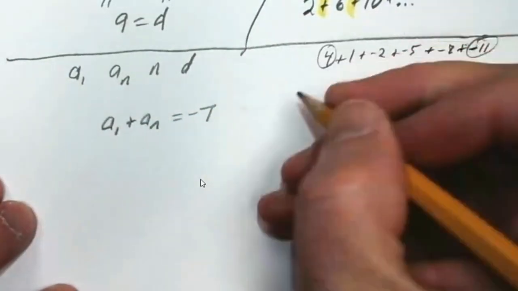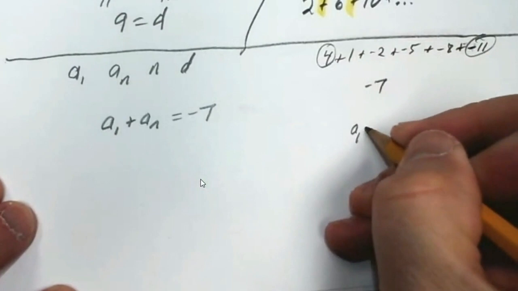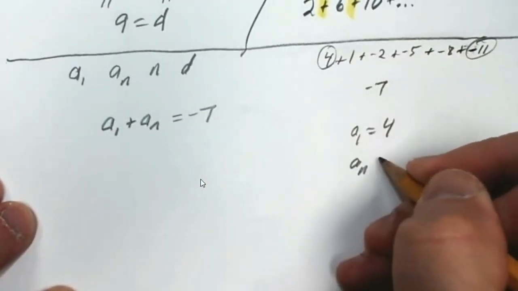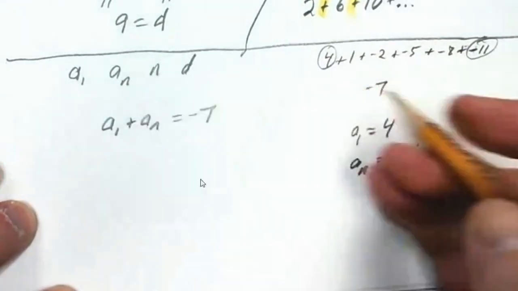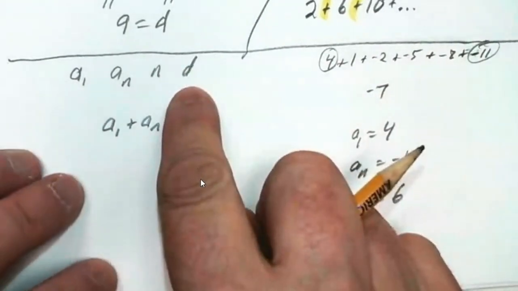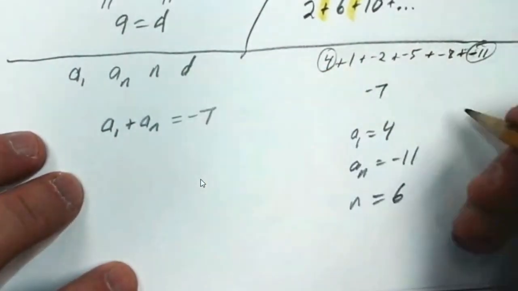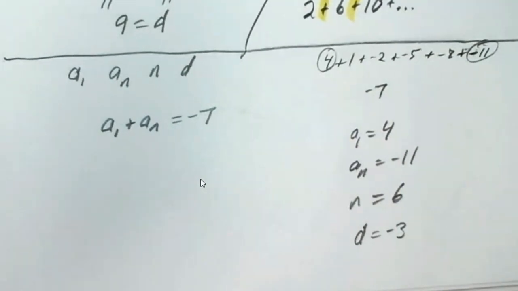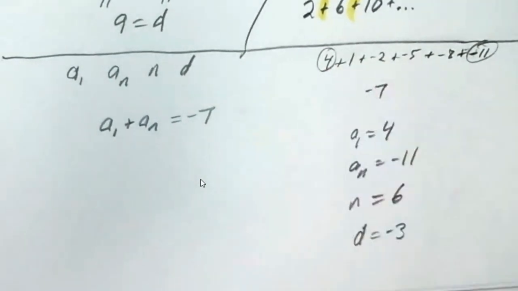So we know A sub 1 is 4. We know A sub n is -11. We know n is 6. And we don't really need the common difference, which is -3, because we can look at that and tell that there's a -3 between each term.